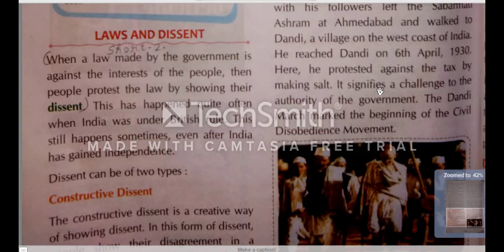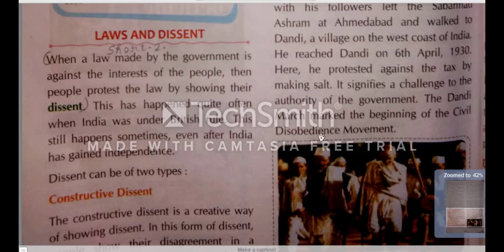It signifies a challenge to the authority of the government. Got it? Signifies means notify, inform. It informs a challenge to the authority of the government.